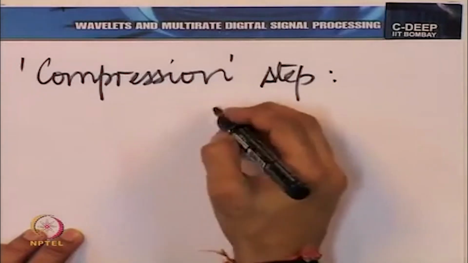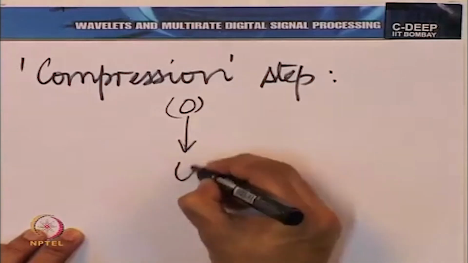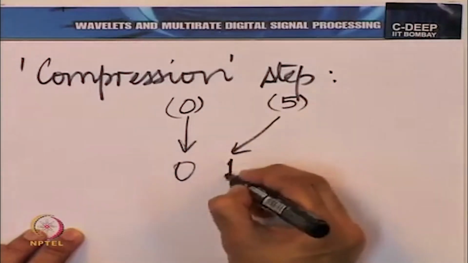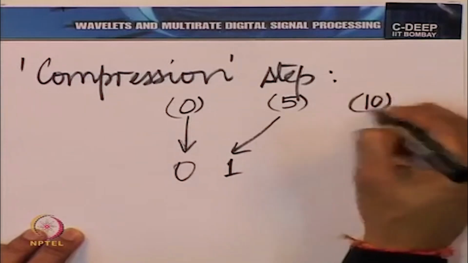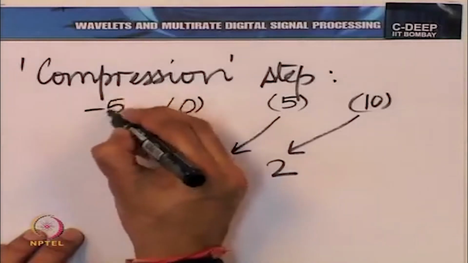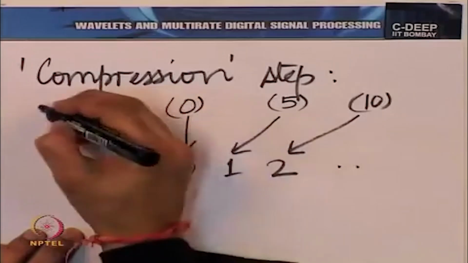So, the compression step would bring the 0 sample to the position 0, the 5 sample to the position 1, the 10 sample to the position 2, the -5 sample to the position -1 and so on and so forth here.